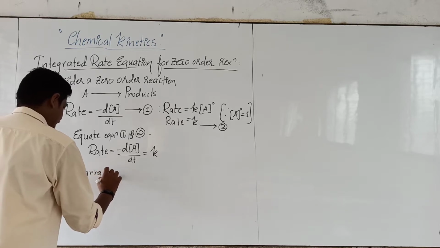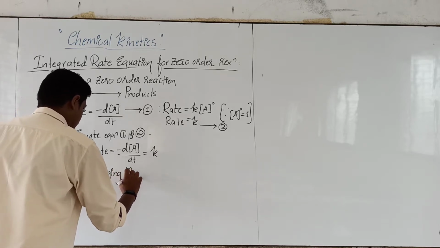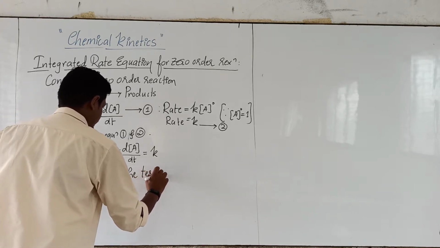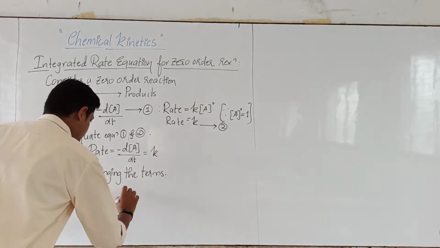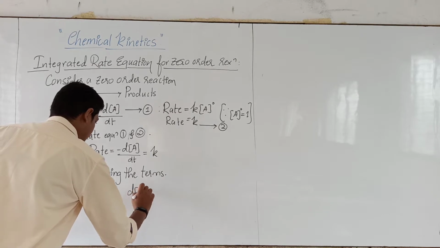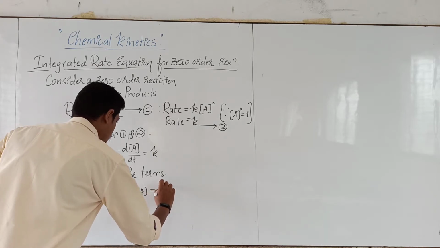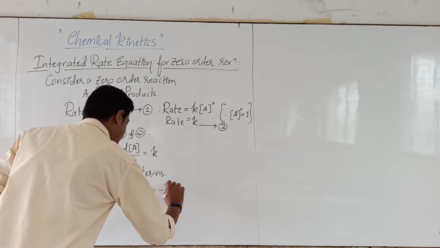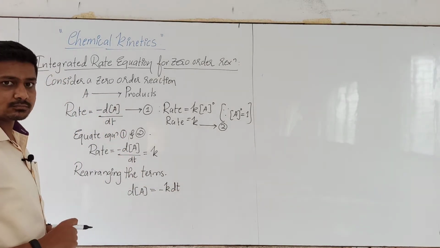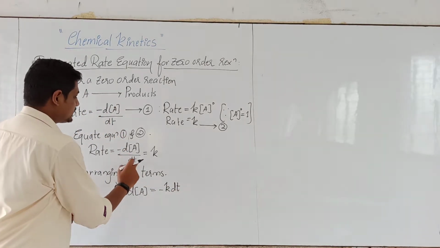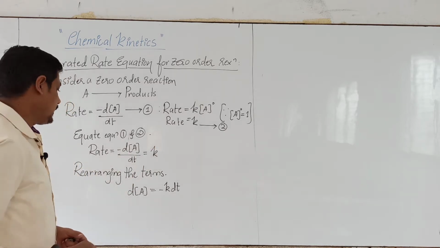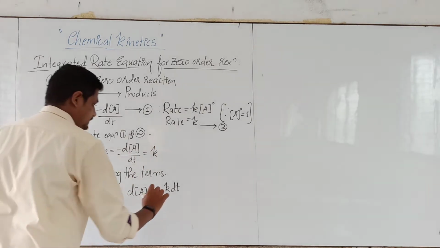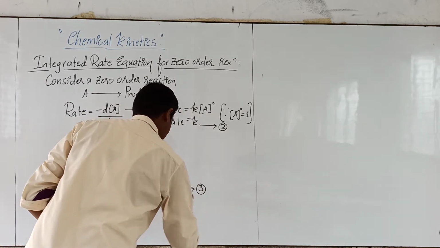How am I rearranging the terms? Simply dA is equal to minus k into dt. What I have done is I have taken this dt to this side and the negative sign to that side. Let us say this is equation 3.